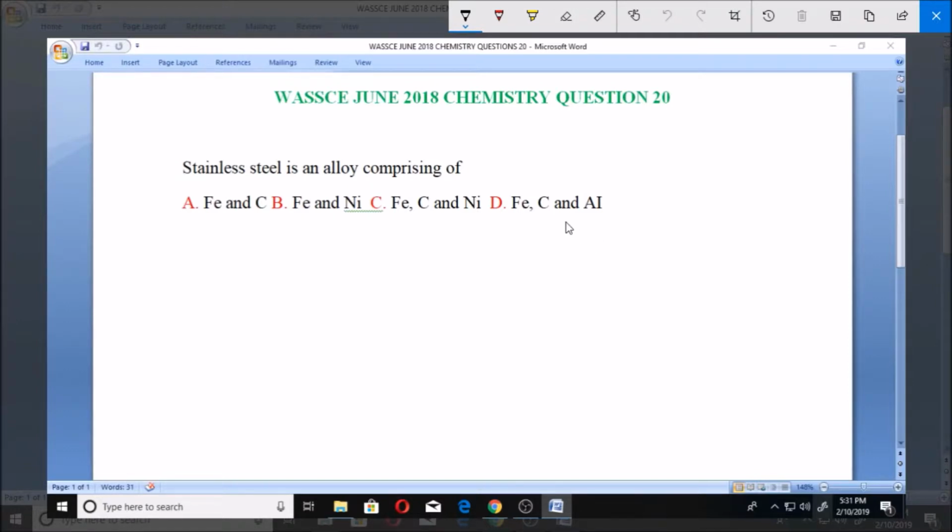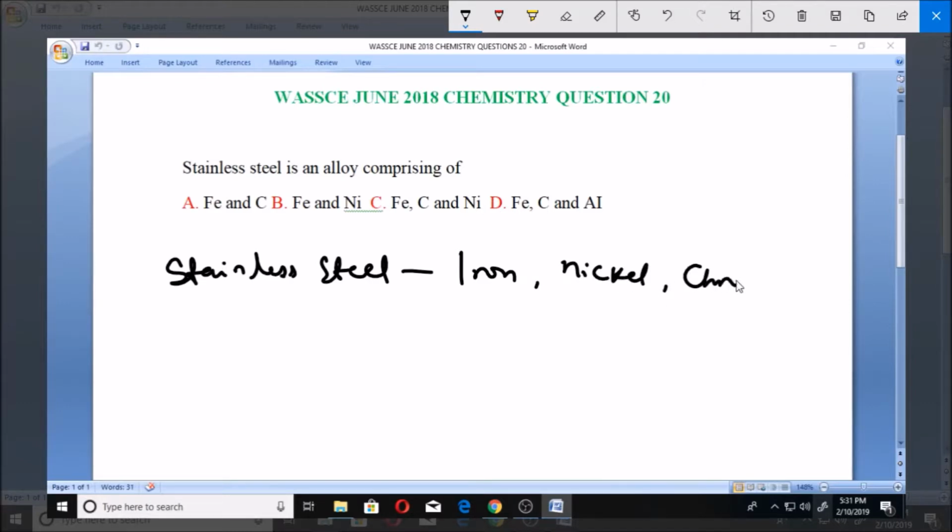We all know that the alloy of stainless steel is composed of the following. So we have our stainless steel. It is actually made up of iron, nickel and chromium. These are the major components of stainless steel.